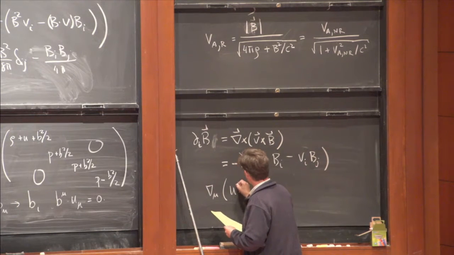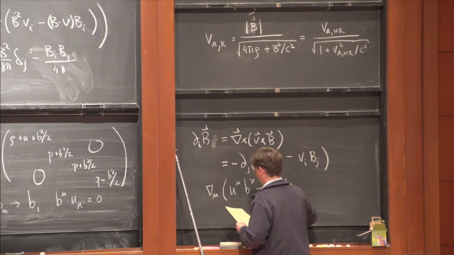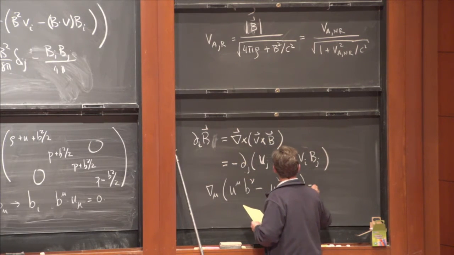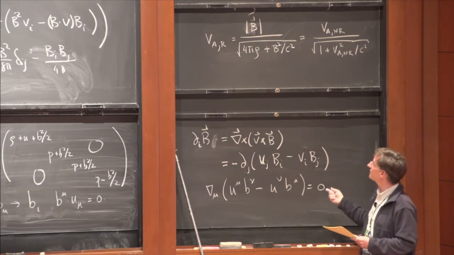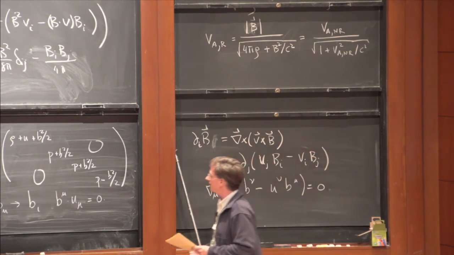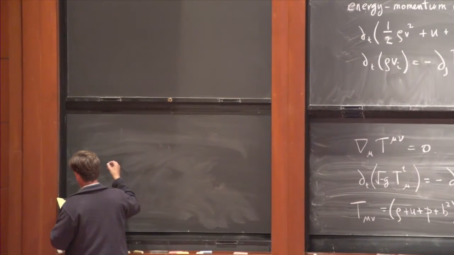So that turns out to look like this. Okay, and then this can be expanded in a coordinate basis into this form using an identity.